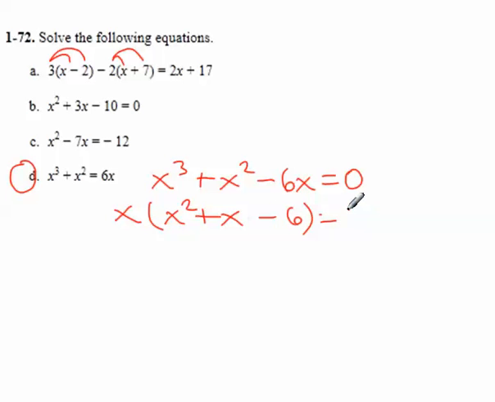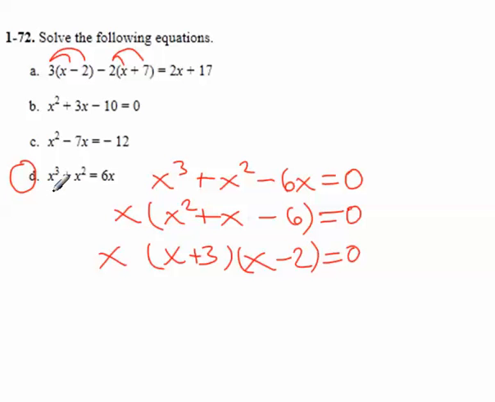There, that's much better looking. So I can factor this one more time. And this factors into a positive 3 and a negative 2 here.